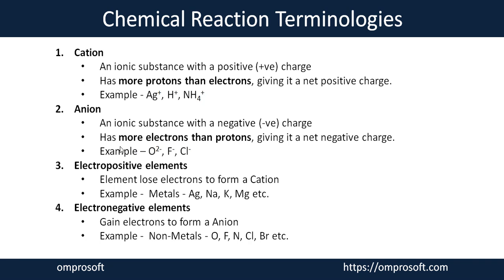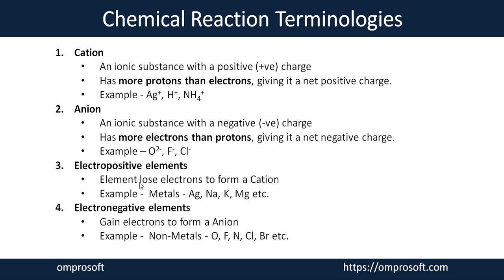So if in any substance you see a positive charge, it means this is an ionic substance which is cationic in nature. And if you see a negative charge on any substance, it means this ionic substance is anionic in nature. Now we discuss electropositive elements and electronegative elements. Electropositive means that by giving electrons, a substance has the ability to get a positive charge.